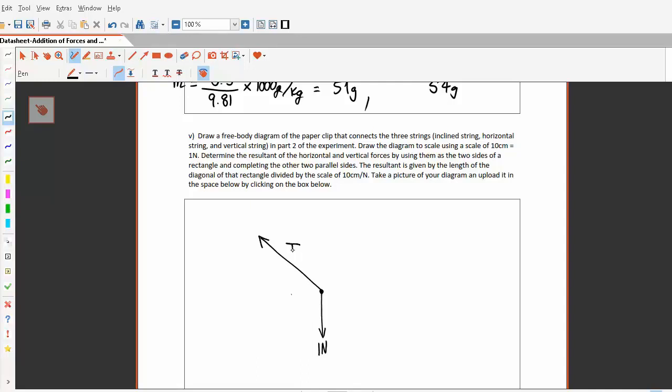There was a tension in the string this way, and there was a tension in the string this way. Oh, sorry, let me call this T2. Apologize about that.